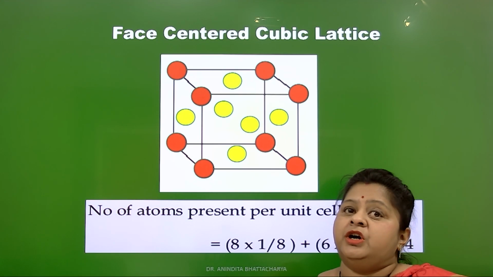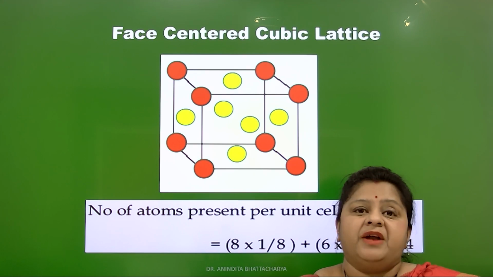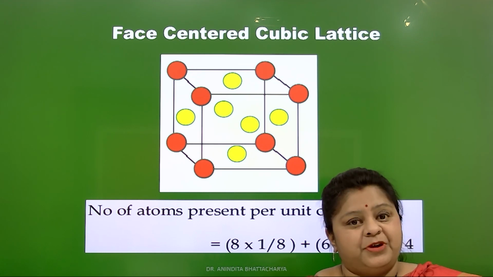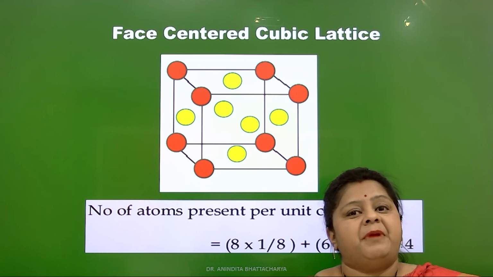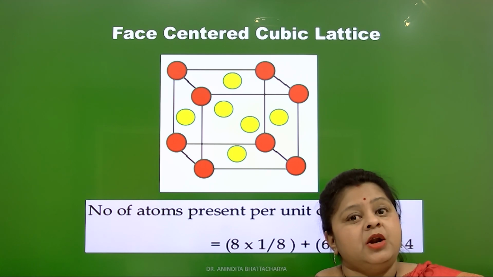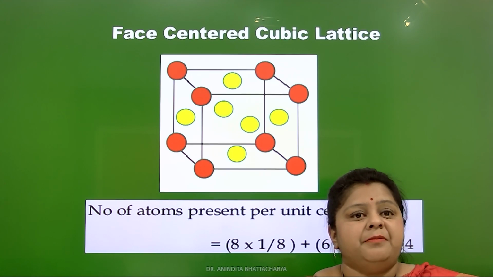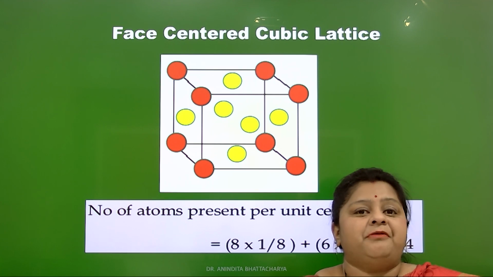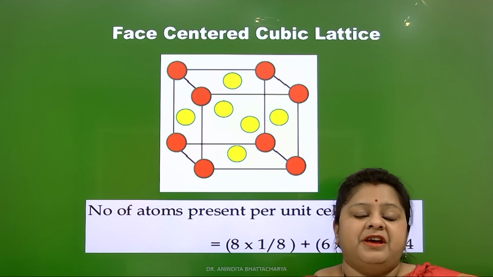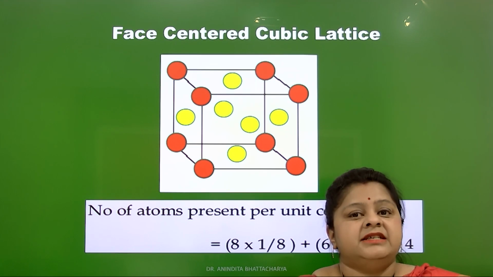So it is 6 into 1 by 2, that is 3, plus 8 into 1 by 8, that is 1. So 3 plus 1 makes it 4. So the number of atoms present in a face centered cubic lattice is 4.